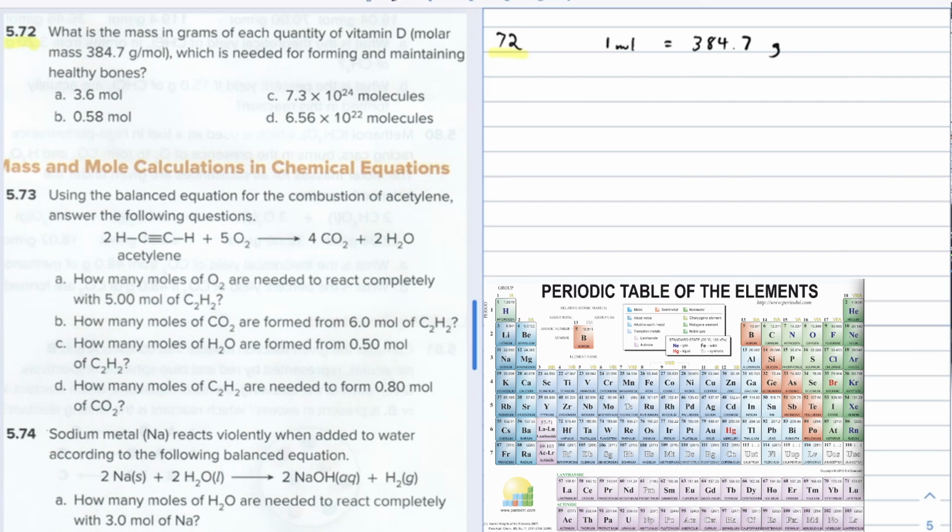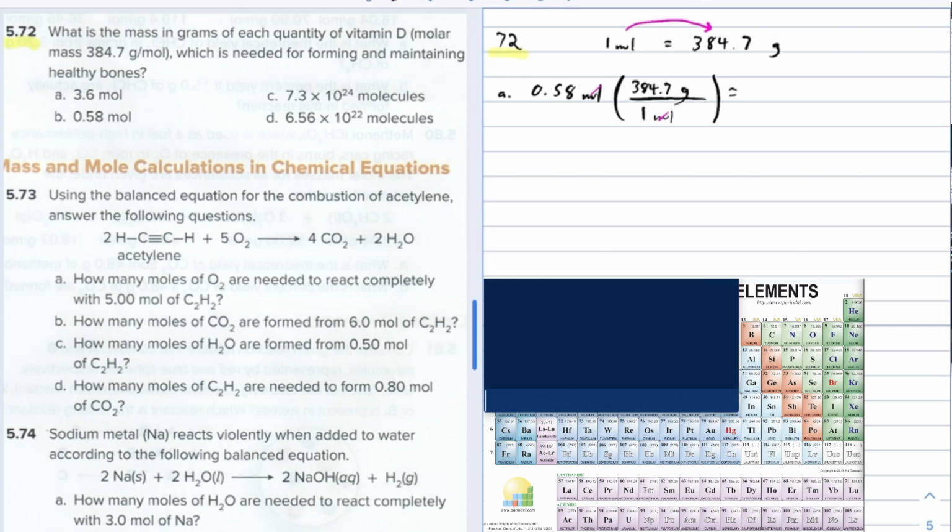And this allows us to convert from moles to grams. So starting off with 0.58 moles, we use the relation above to make a conversion factor, get rid of moles. 1 mole goes on the bottom, 384.7 grams on top, and the mole units cancel.